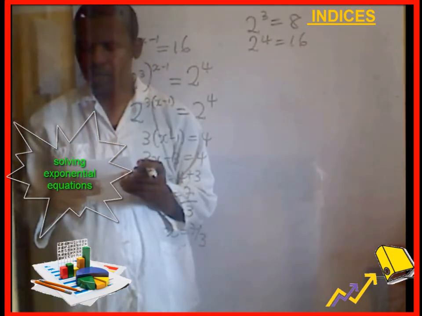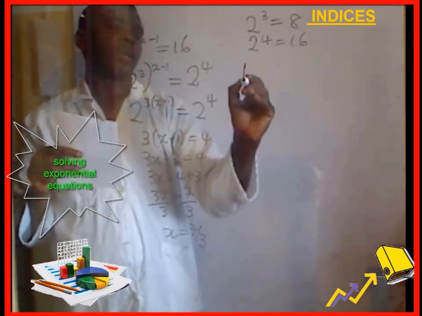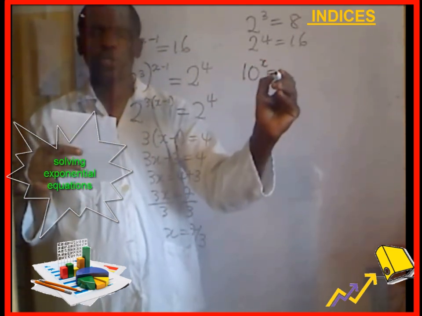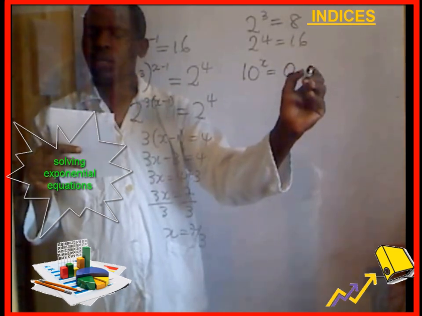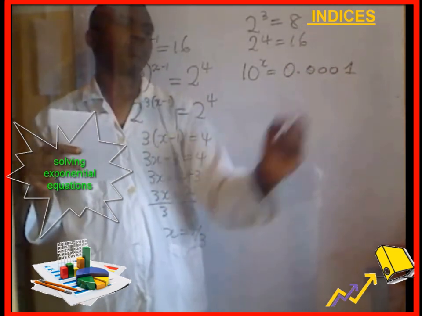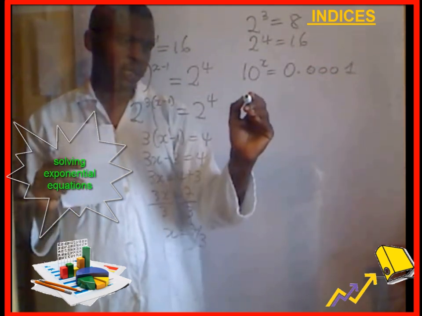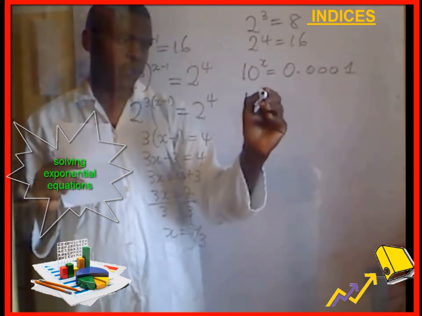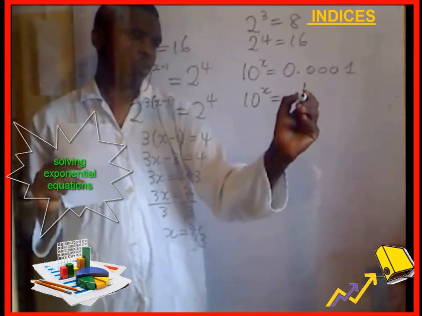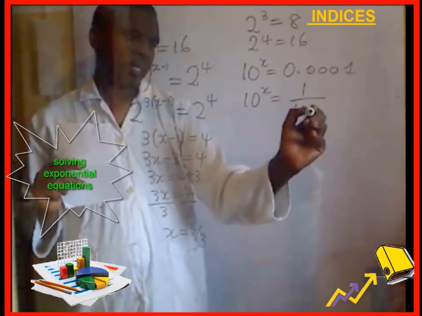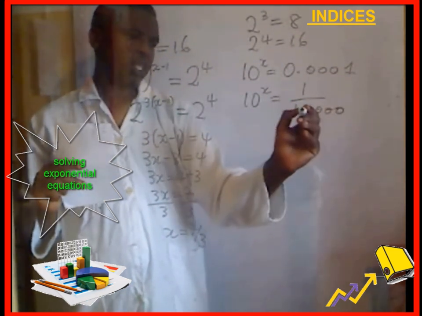Let's take another example. 10 to the x is equal to 0.0001. This number has 4 decimal places, so it is the same as 10 raised to the power x is equal to 1 all over 10,000. 4 decimal places.